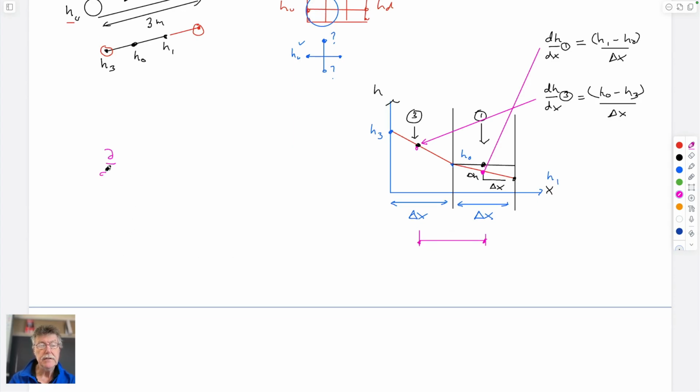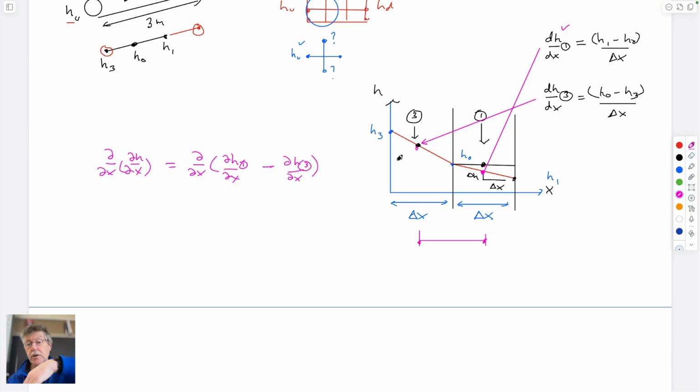d dx dH dx is just equal to the rate of change between those 2 points of the one that's downstream, which would be dH1 dx, which is this, minus dH3 dx, which is here.